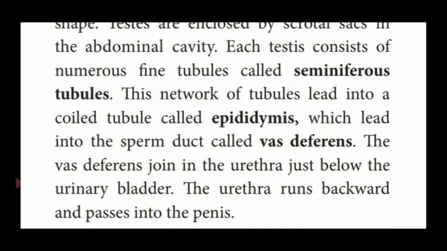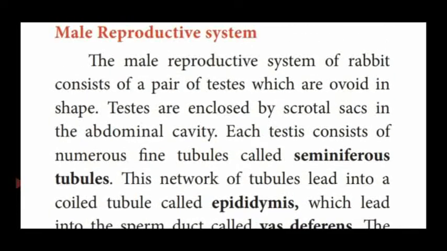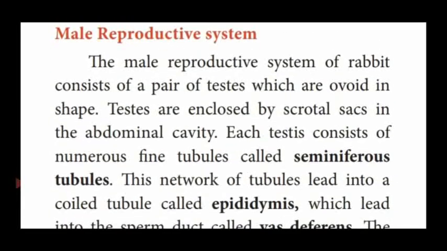So this is the structure of the male reproductive system. In this male reproductive system, different glands are also present, that is prostate gland, Cowper's gland and perineal gland, which are responsible for reproduction.